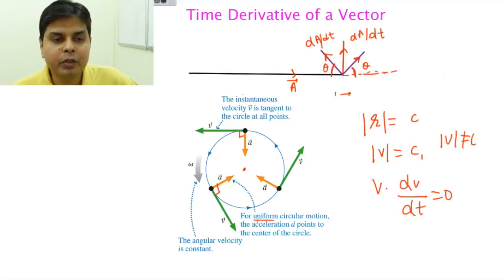But for uniform circular motion, the acceleration a points to the center of the circle. Why? Because this v is tangential, so a has to be perpendicular. So you can say it can be this direction also, this direction also, but ultimately if you find the change of v, that is towards the center, therefore it is in this direction.